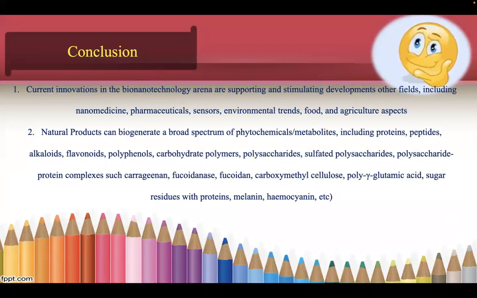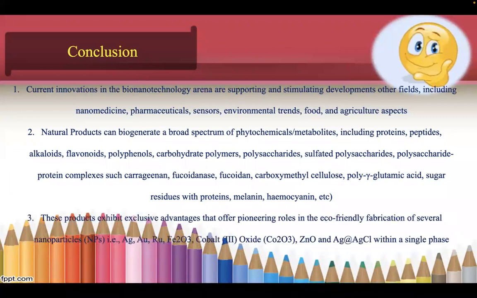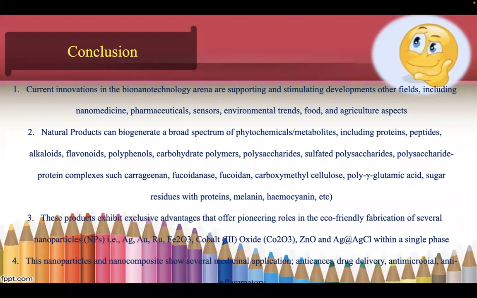Natural products can biogenerate a broad spectrum of phytochemicals and metabolites, including proteins, peptides, alkaloids, flavonoids, carbohydrates, polysaccharides, etc. as secondary metabolites. These products exhibit exclusive advantages that offer pioneering roles in the eco-friendly fabrication of several nanoparticles with different metal oxides within a single phase.